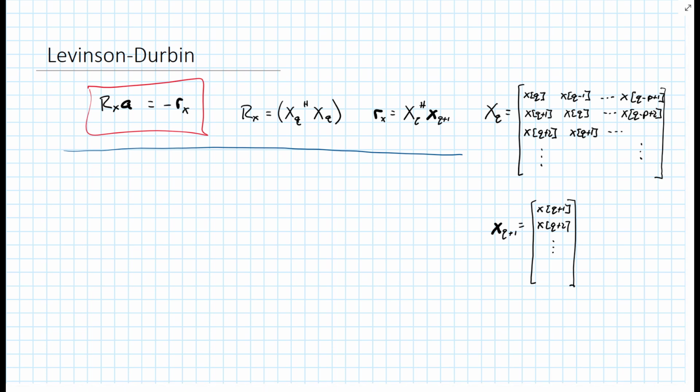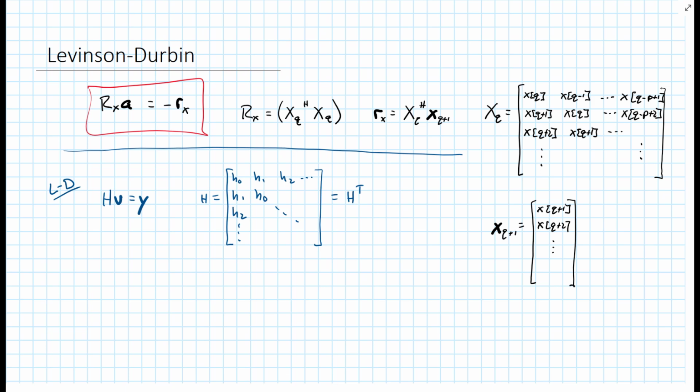With the Levinson-Durbin algorithm, we're going to use a system where we have a matrix H, a little bit of change in notation here for reasons that will become apparent in a minute, times V is equal to Y, and H will be defined like so.